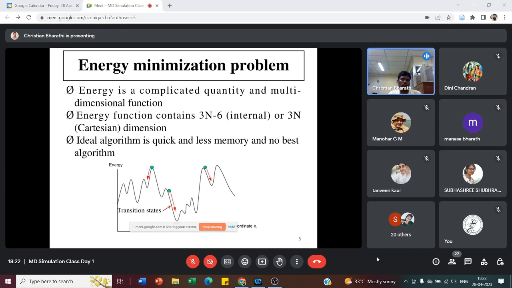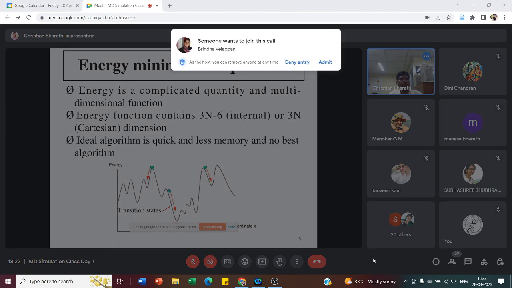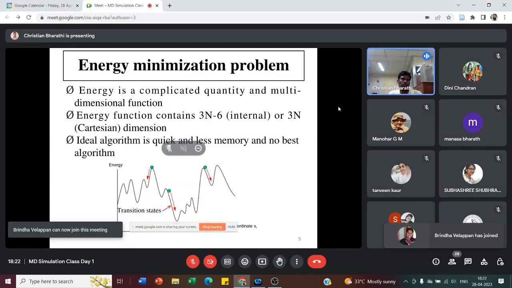But one particular algorithm will be very good for energy minimization if it reaches a minimum quickly, and it must take less memory to do that calculation.